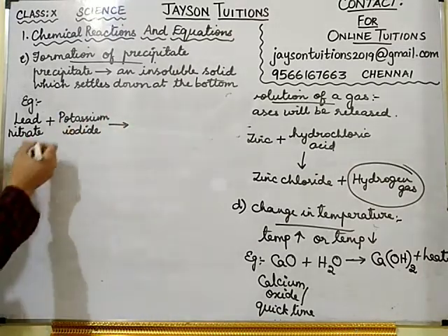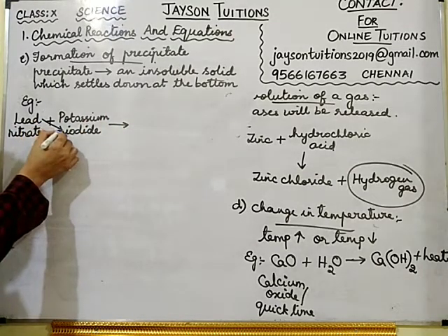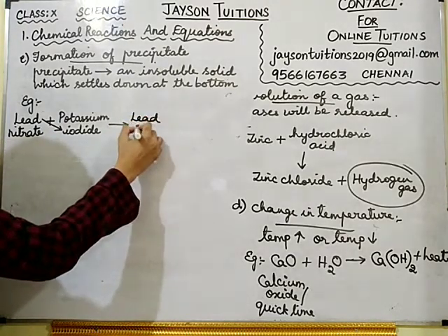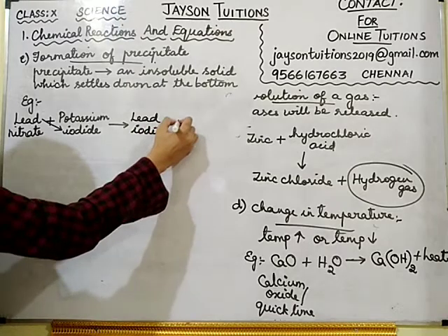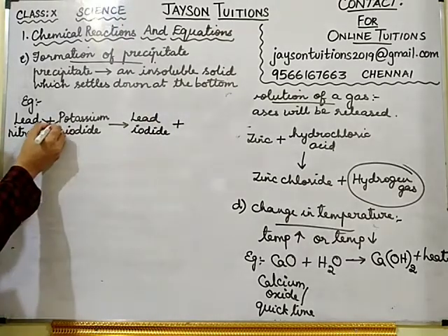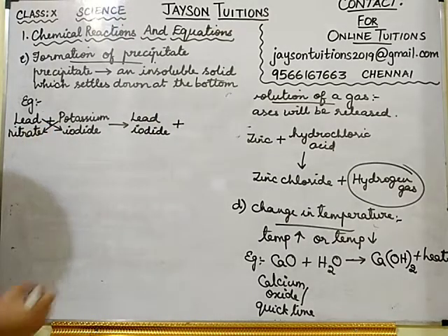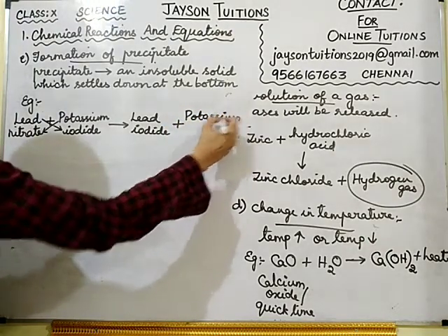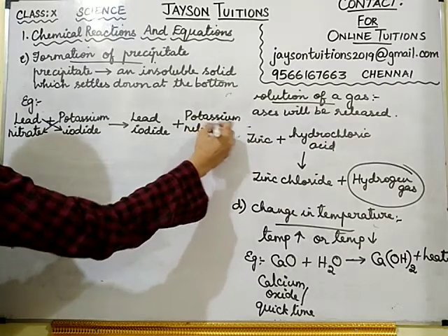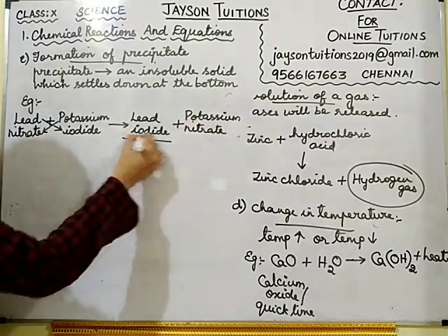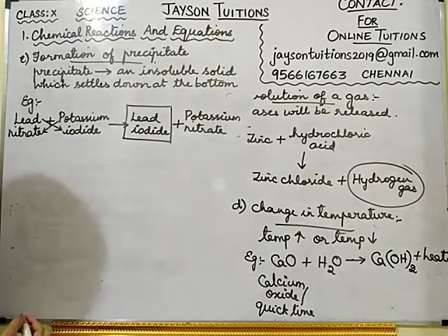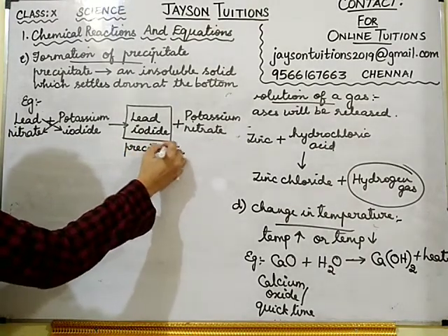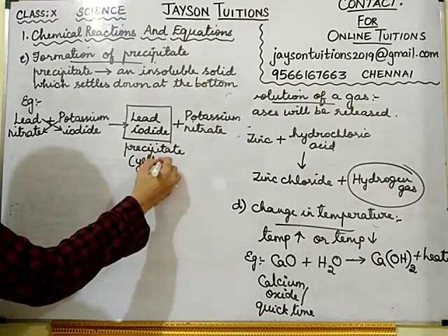So what I will get is this lead will combine with this iodide and it will form lead iodide, and this potassium will combine with this nitrate and it will form potassium nitrate. In this, lead iodide is the insoluble solid. Insoluble solid means it is the precipitate. It will be yellow in color.